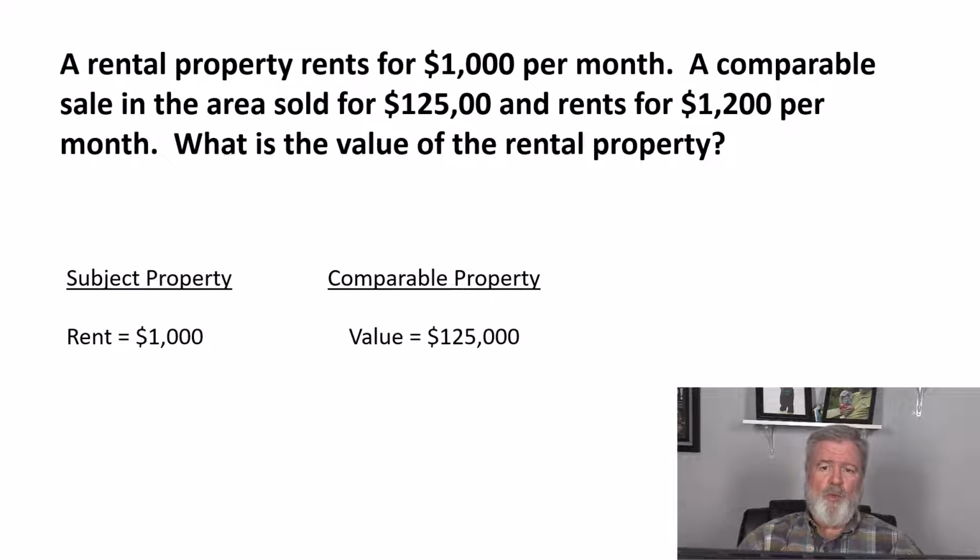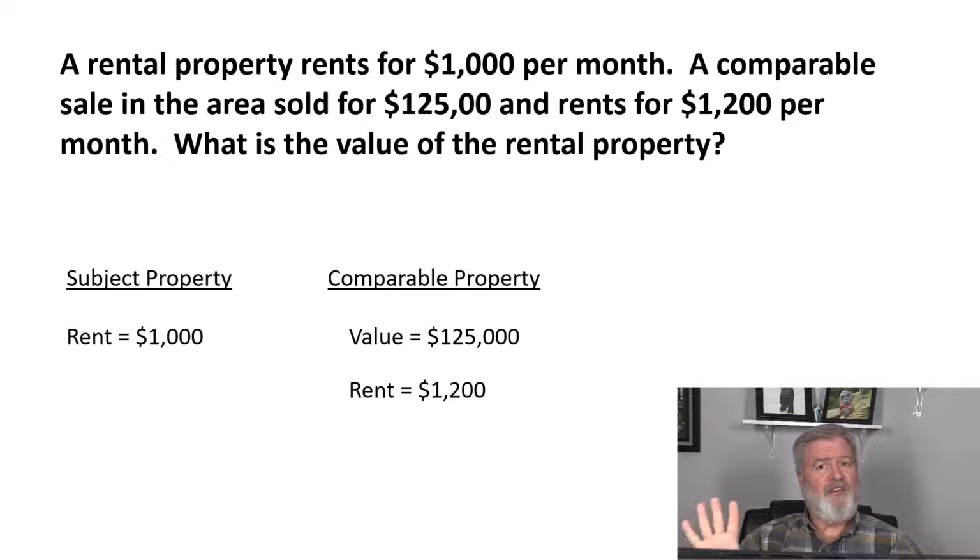And the comparable rents for $1,200 a month, so I can go ahead and put that in here. Well, now I have two of the three components of this formula, right? Because for me to figure out the value of the subject property, I need to know the gross rent multiplier. And you get that by taking the information from comparable sales.